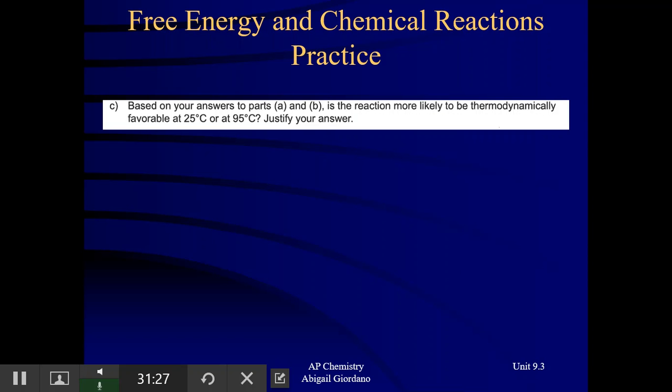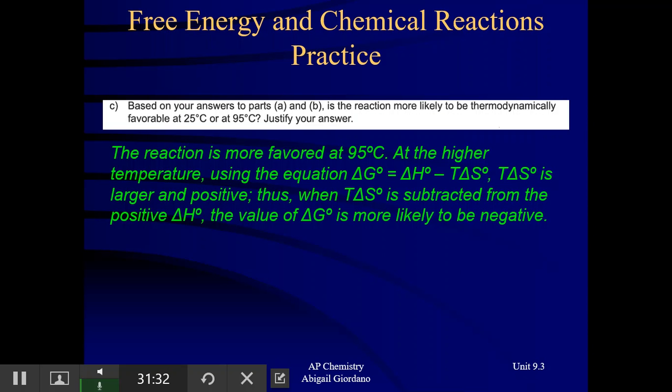degrees. I've justified it one way on the slide here, but I'm going to give you another way to justify it. I said the reaction is more favored at 95 degrees using the equation we just learned today. T delta S is larger and positive. Thus, when T delta S is subtracted from the positive delta H, the delta G value is more likely to be negative.